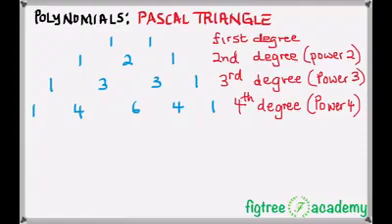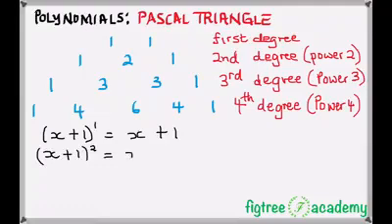So I want to prove this. I'll give this example: x plus 1 to the power 1. This remains x plus 1. Then x plus 1 squared. It means x squared plus 2x plus 1. If you expand this, you get this quadratic polynomial: x squared plus 2x plus 1.